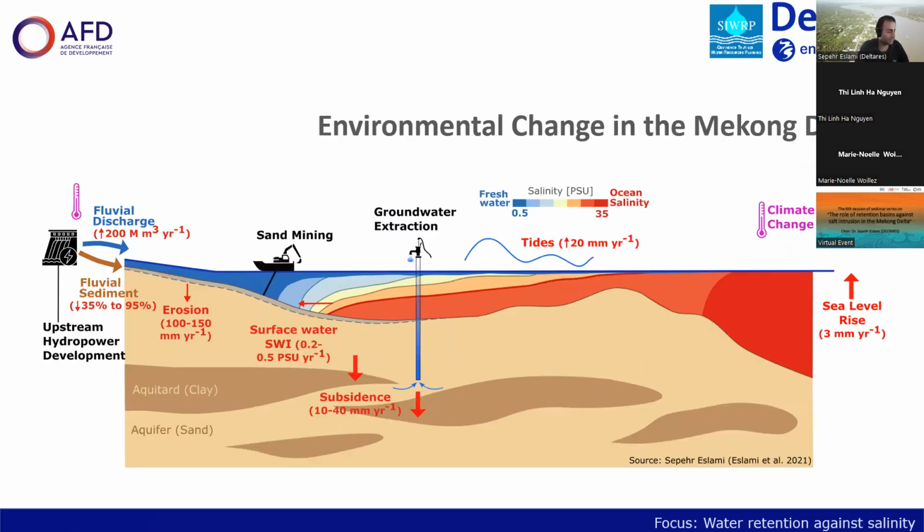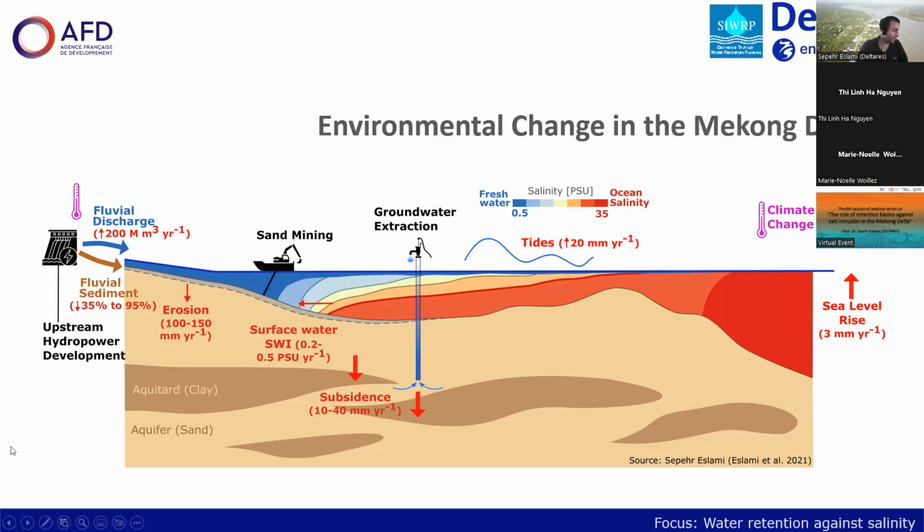But if we look at a quantified image of these drivers, we have sea level rise of, let's say, 2 to 4 millimeters per year, but that is combined with land subsidence of 10 to 40 millimeters per year, which is an order of magnitude larger than sea level rise.